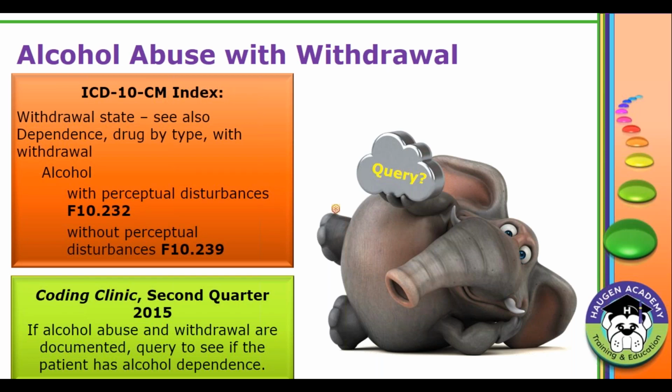I would recommend, because there's a discrepancy here between the coding index and Coding Clinic, that you create facility-specific coding guidelines so that it is clear for your coding staff as well as any auditors who may walk in the door. All right, that's going to bring us to our first difficult polling question.